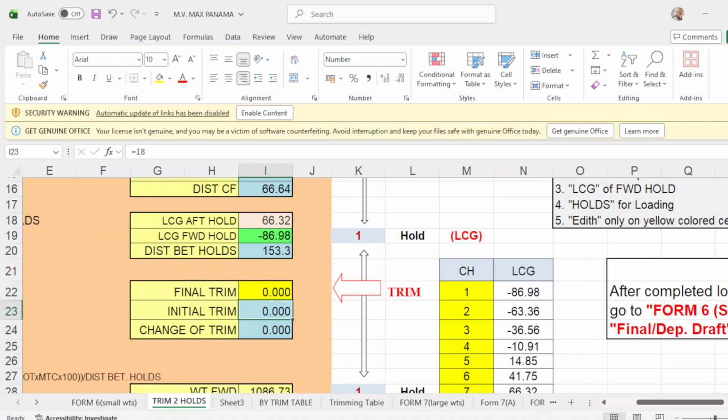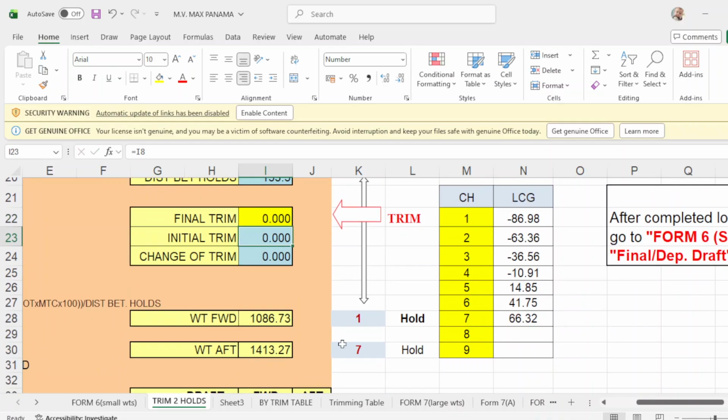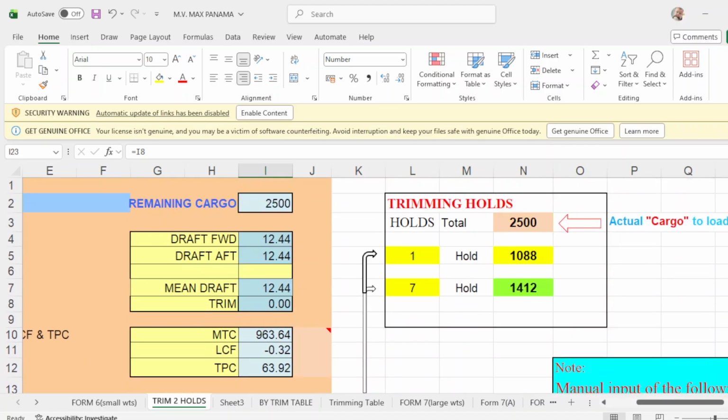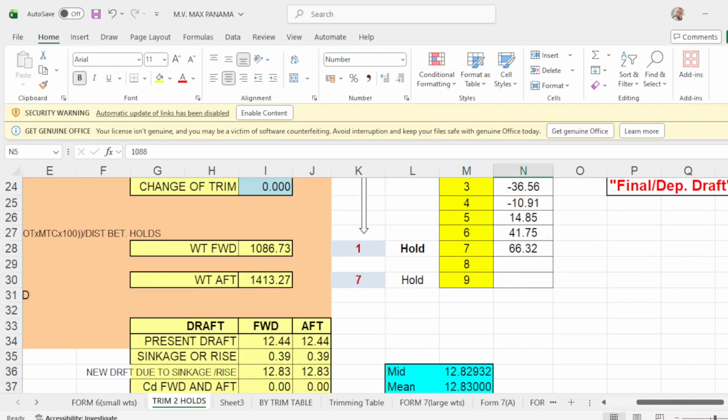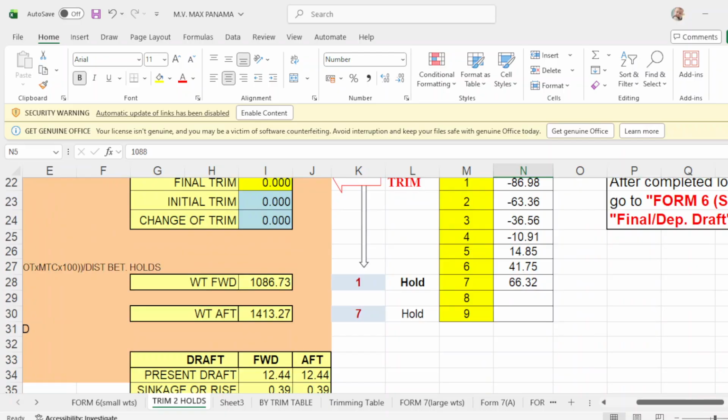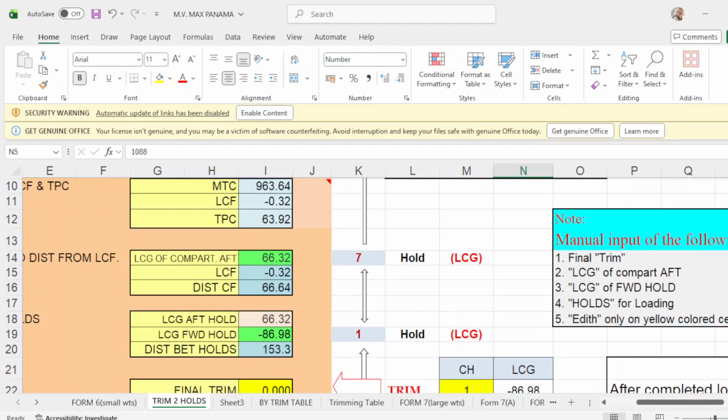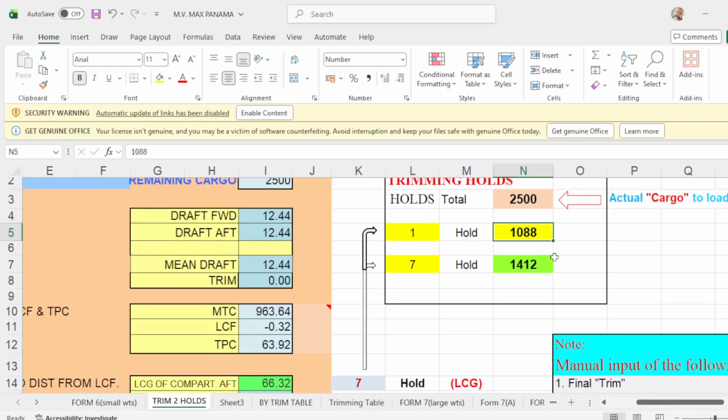And what will be the recommended cargo to load in hold number 1 and 7? Number 1, it says you load 1087. Is that correct? Put here 1087.